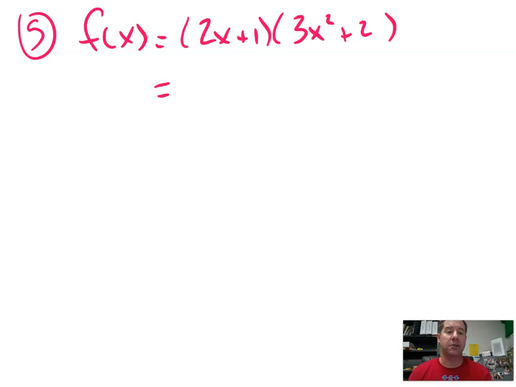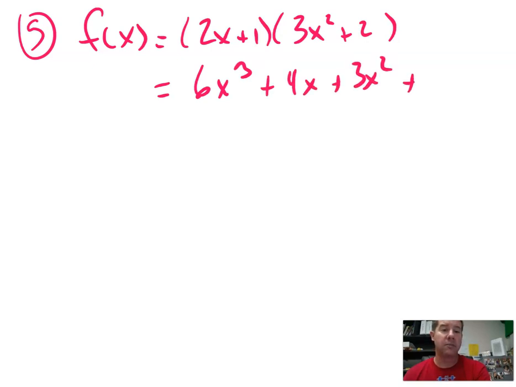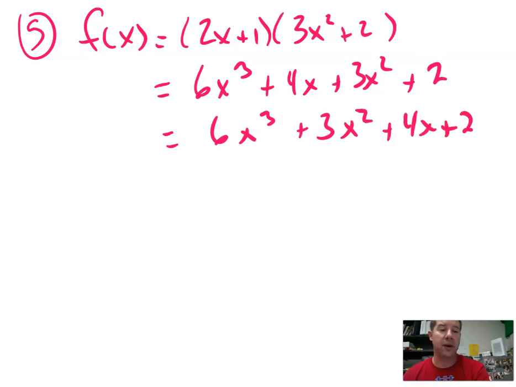I'm going to go ahead and double distribute, and so I'd get 6x cubed plus 4x plus 3x squared plus 2, or 6x cubed plus 3x squared plus 4x plus 2 if I put it in the right order. So that's my f of x. And now that it's in this form, we can take the derivative just by using our power rule.